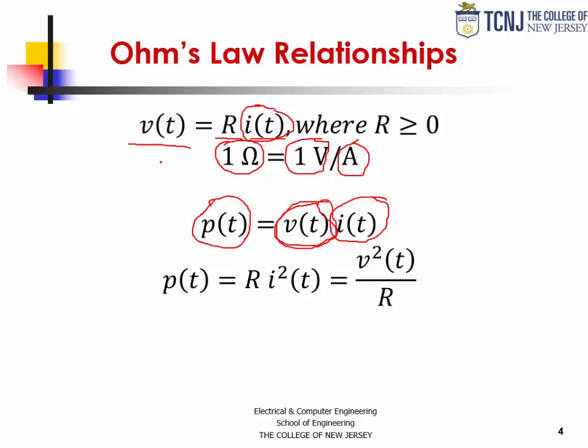And if I substitute that expression for the current in the power equation, then I get that the power is equal to the voltage squared divided by the resistance.